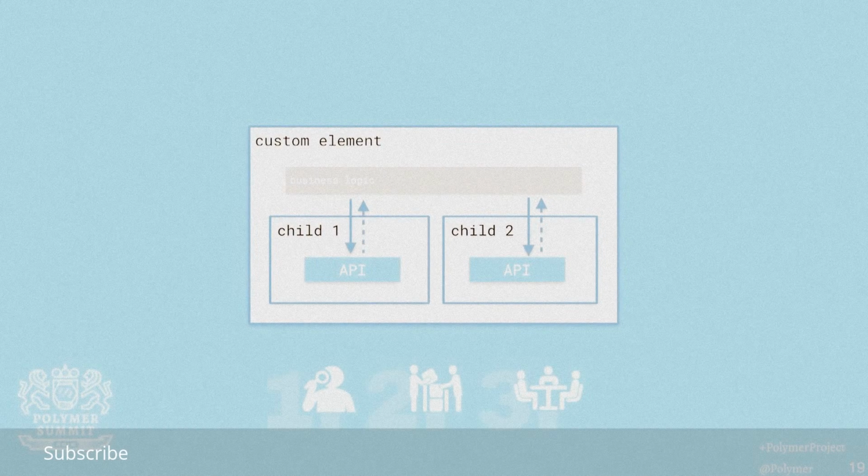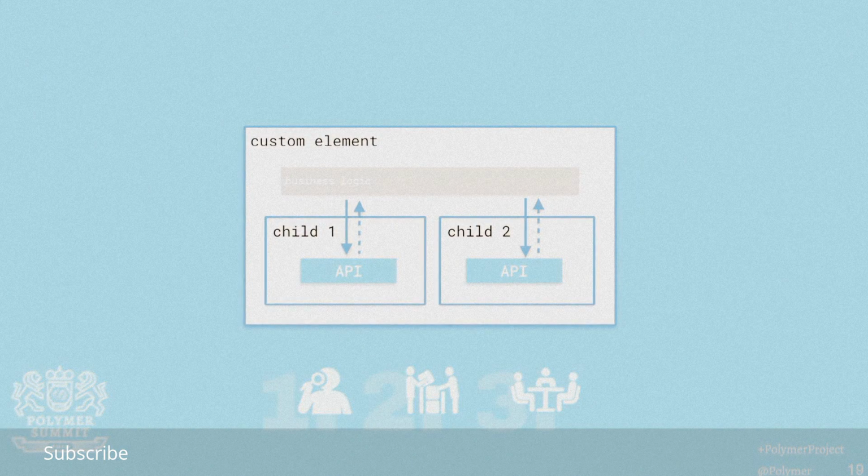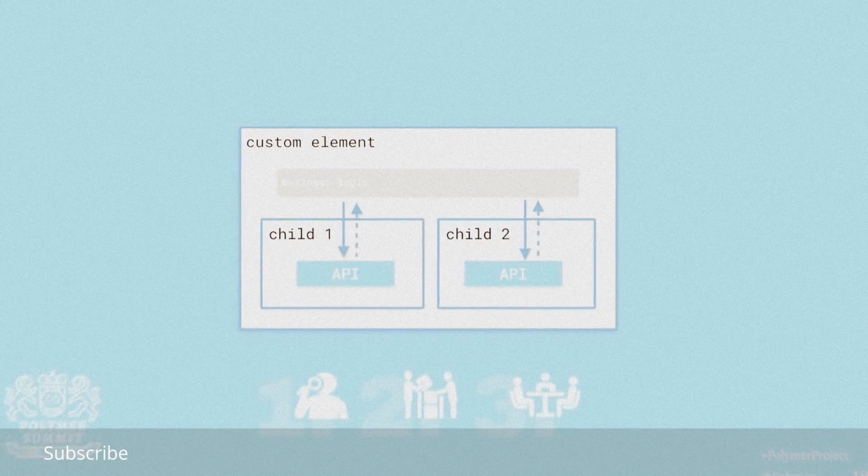Concretely, this means that the host is going to be configuring its children with properties. It means it's going to be, say, using addEventListener to listen for events coming up from the children, and then deciding what to do. Maybe it flows data back down to some of the other children. So this is going to be our primary 1, 2, 3 step as we go through building an application.